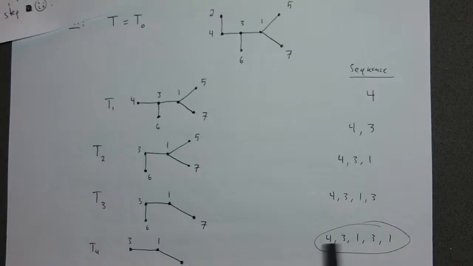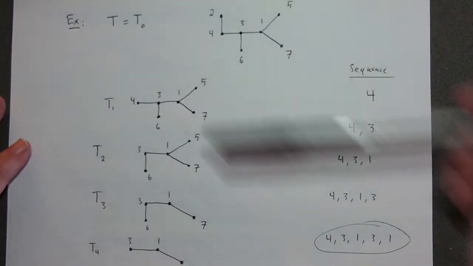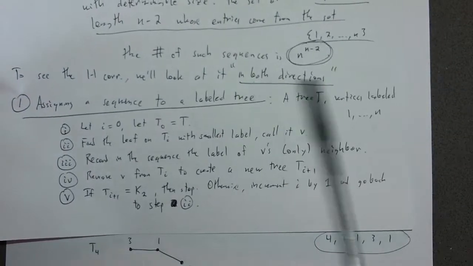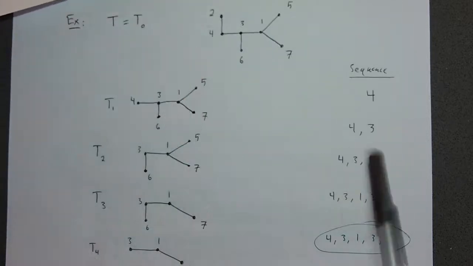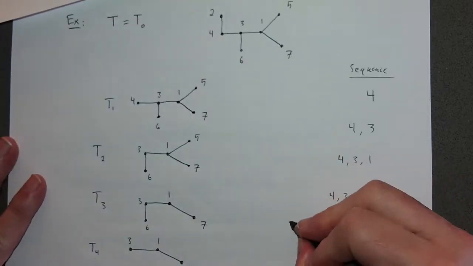So there are 5 slots, and any of these slots could be 1 through 7. Now, the only way that count matches up is if we can go in both directions. So I said we're going to talk about this in both directions. Here is the direction of assigning a sequence to a labeled tree. This is called a Prüfer sequence.